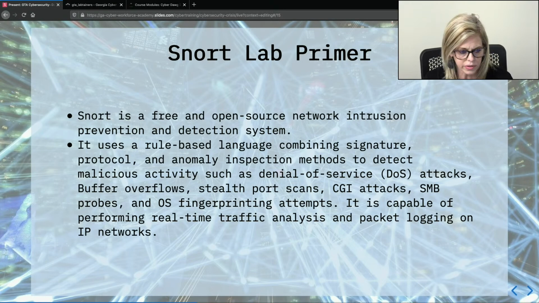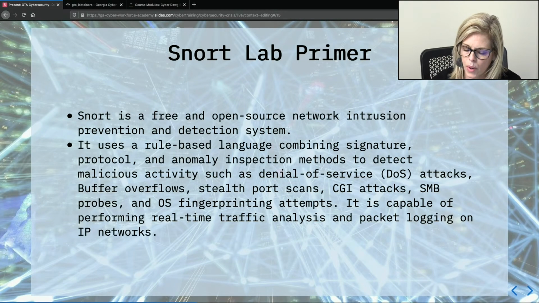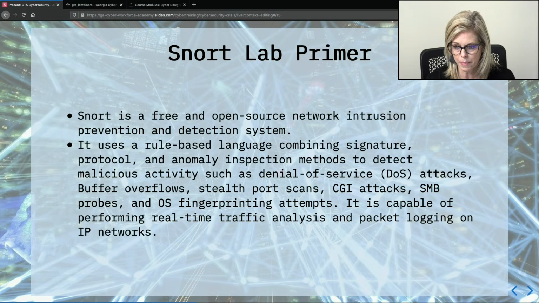This could be a denial of service attack, a buffer overflow attack, a stealth port scan, a CGI attack, a common gateway interface attack that is a web exploitation allowing dynamic content to be run on a web server, SNMP probes, or OS fingerprinting attempts.